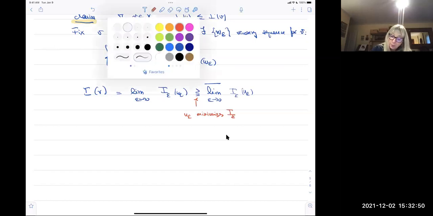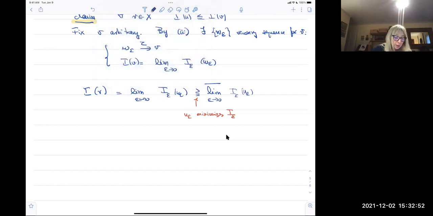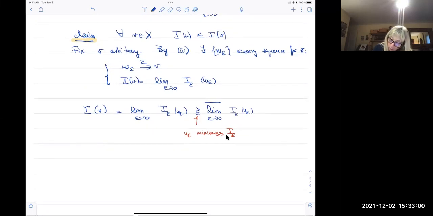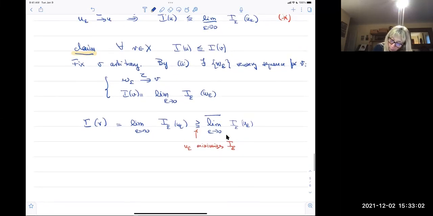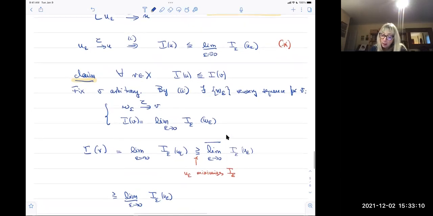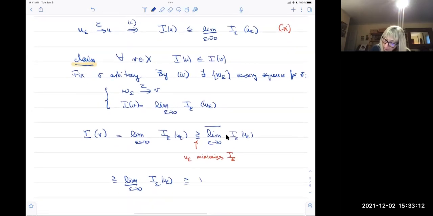Well, a limsup is always bigger than a liminf, and this one, we already saw in star, is bigger than or equal to I of U. Done.